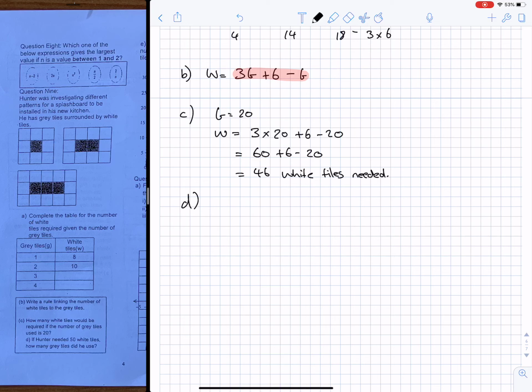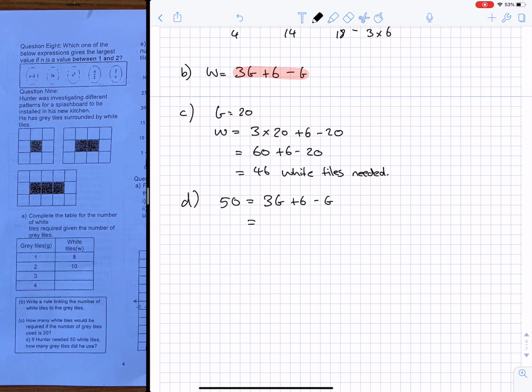So this is basically solving for G, provided we have W, so 50 equals 3G plus 6 minus G. It helps me if I have what I need to solve on the left hand side, so I'm just going to flip this around.